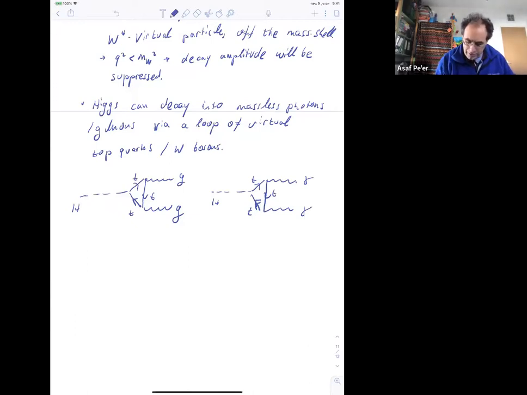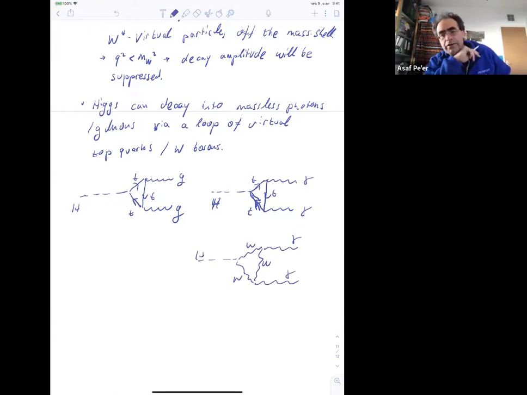And essentially, the W loop can also decay into photons, of course, not into gluons. These are allowed.